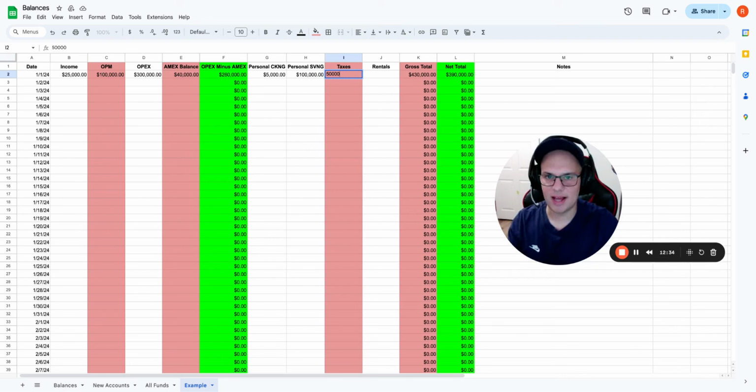And the reason for that is when I pay the IRS every single year, I don't want the mental sadness, I guess, of seeing my net total go down by like 50 grand overnight. That's going to make me feel like, dang, I just lost 50 grand. So what I do, I'm going to hit enter. I just pretend like that money's not even there to begin with, right? So I just type in how much is in my taxes account, and then it automatically gets subtracted from my net total.